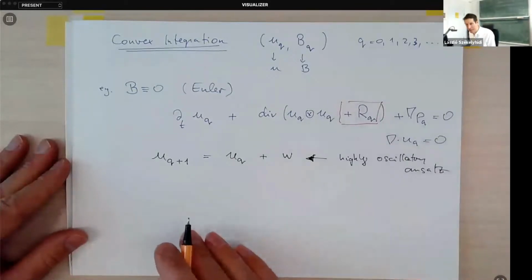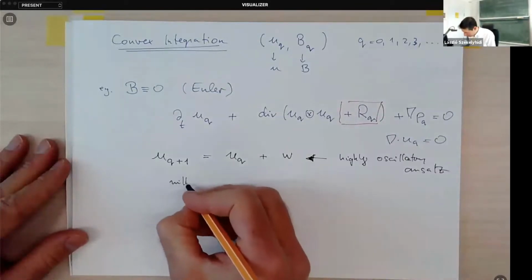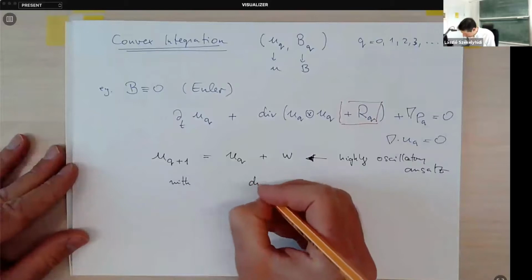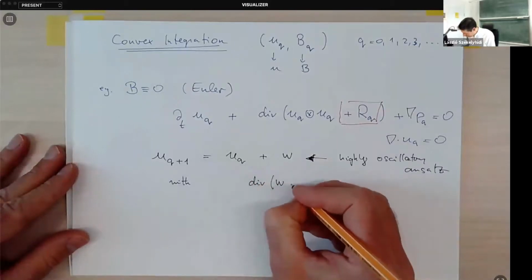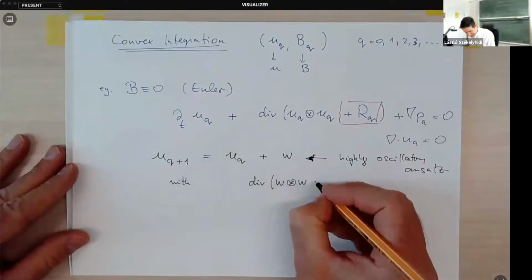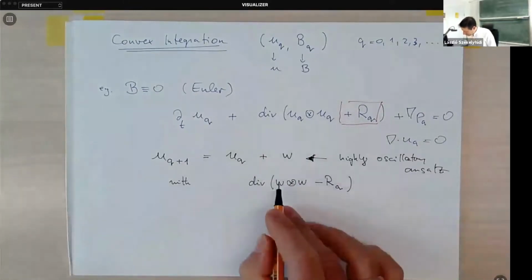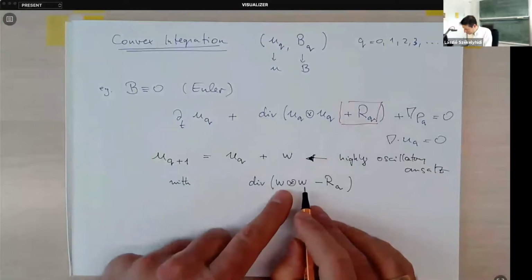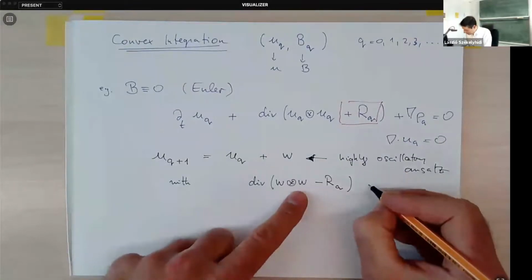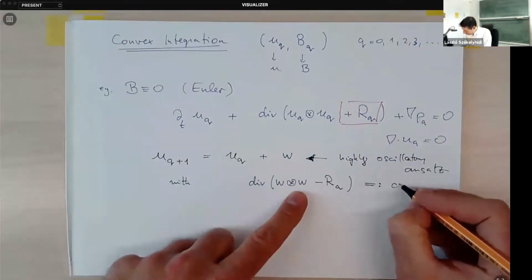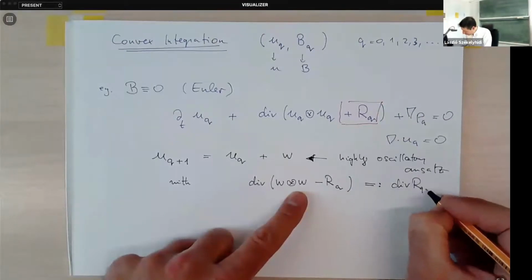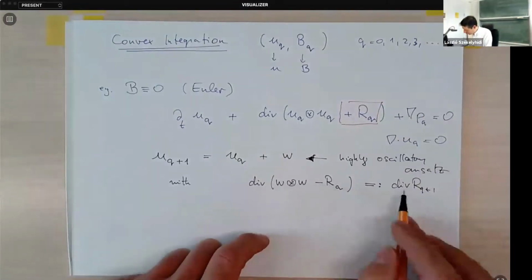And the key properties of this W are, well, it has to be a solution. So in the easiest case, it has to be a solution of the stationary Euler. And this is going to give us the new Reynolds stress. So the error from this should give the new Reynolds stress.